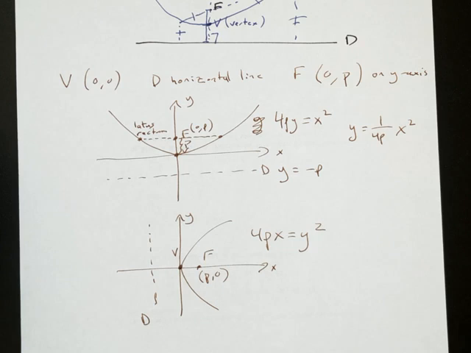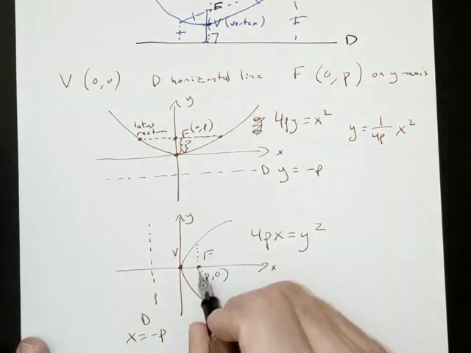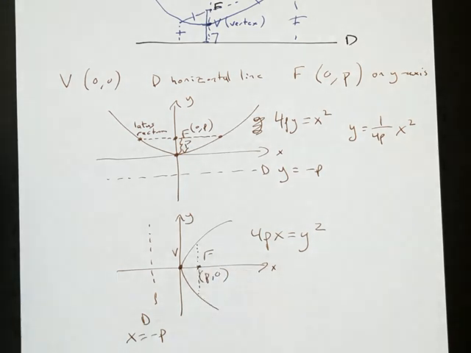What kind of line is D now? Say it louder. Vertical. And the equation for a vertical line is x equals a number. But again, I have that same focal diameter location. I have the same aperture, the same distance for the latus rectum.